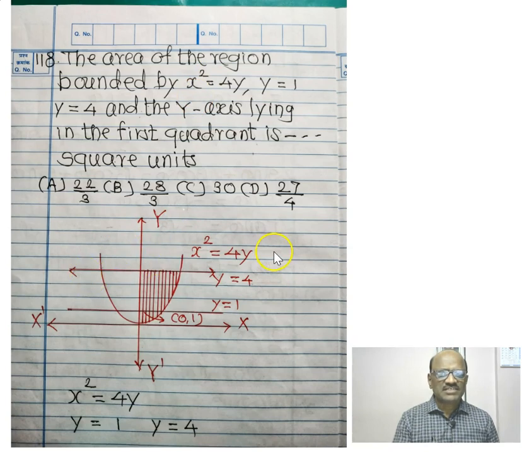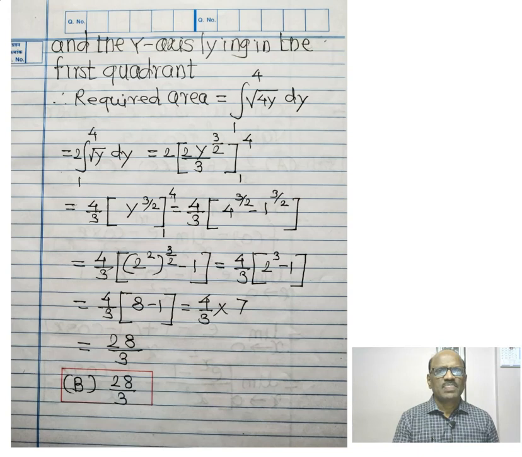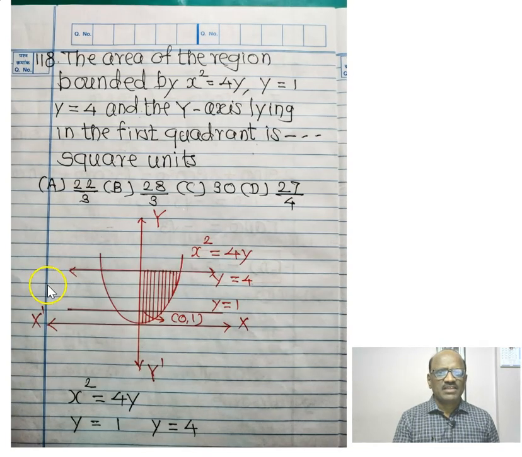Now these are the lines, y is equal to 1 and y is equal to 4. Now find out the area of the region. Now see this again. The required area is from y is equal to 1 to y is equal to 4.